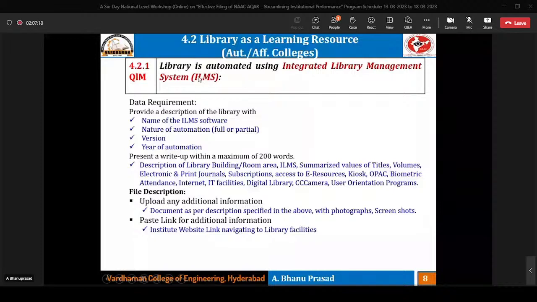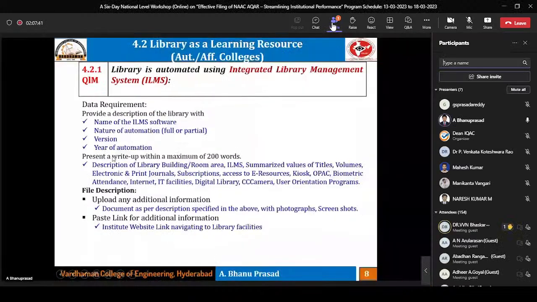So the data requirement is to provide the description of the library with the name of the ILMS software, nature of automation, full or partial, and the version and the year of automation, when it is being renewed or for what period of time. So it is a QlM. It is asked to describe the library ILMS in 200 words.